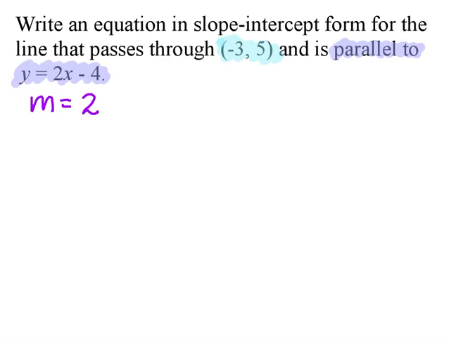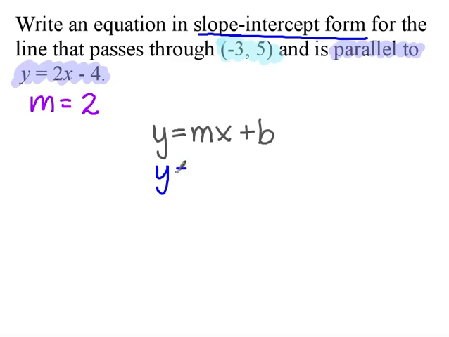The other thing is the answer said slope-intercept form, so if some of you just want to start there, we can start there as well. Remember slope-intercept form, y = mx + b, right? Do I know anything in that equation? I know the slope. What's the slope? 2.